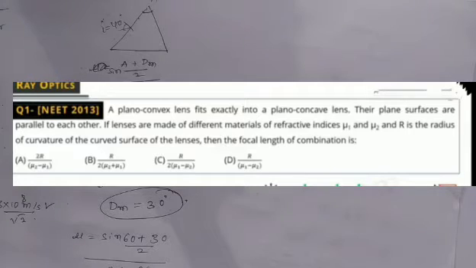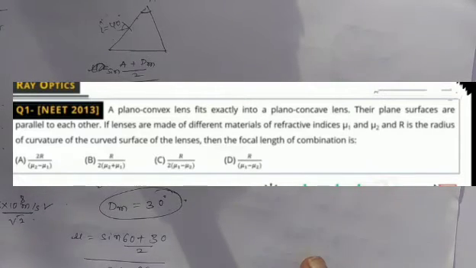If the lenses are made of different materials of refractive indices mu1 and mu2, and r is the radius of curvature of the curved surface of the lenses, then the focal length of the combination is. First, a plano convex lens fits exactly into a plano concave lens.